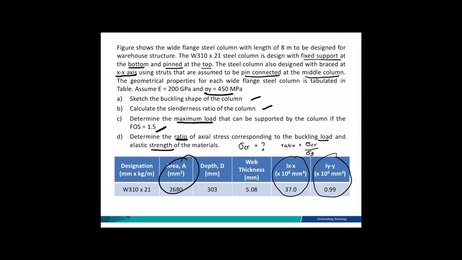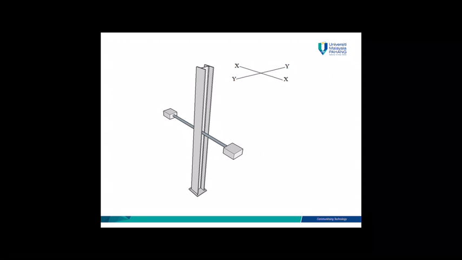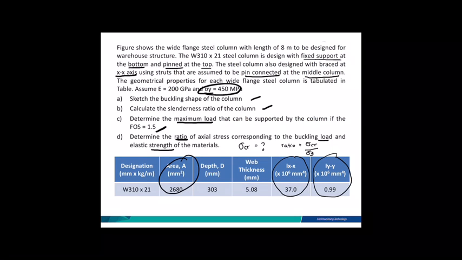Stress is given in the question, and this is the diagram. This is y-axis and here is x-axis, and the column is buckled at x-axis. Please try to do this one, because this is how the question for column will be asked in the final exam. If you try this one, then you can learn how to analyze the braced column.